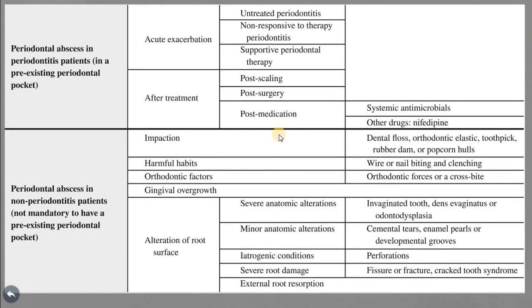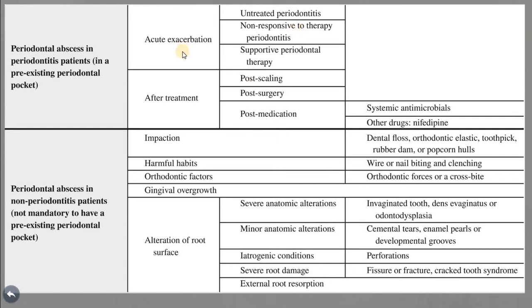Here we are discussing the etiological classification of periodontal abscess. We have either periodontal abscess in a periodontitis patient or in a pre-existing periodontal pocket, or periodontal abscess from non-periodontitis causes, where we have no periodontitis or no pocket and we still have an abscess.